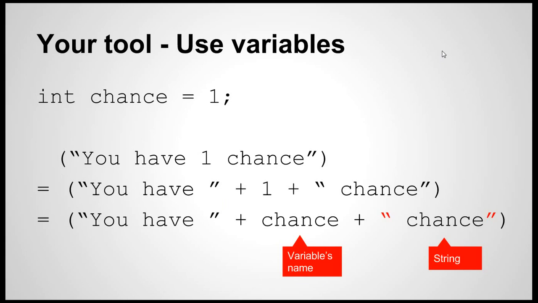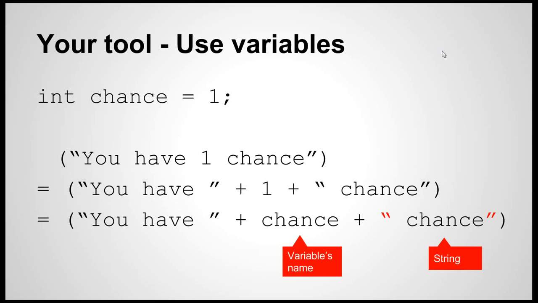So you have 1 chance is a string, but it can be equal to 3 parts, like you have a string, and then you plus a number 1, then you add it with another string chance. So basically this equals to the string you have plus chance, right?